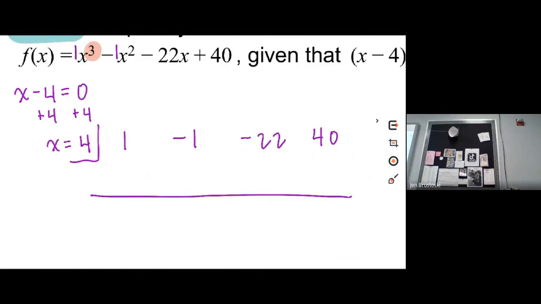The 4 is the number in that box. That was a little confusing. Sorry.